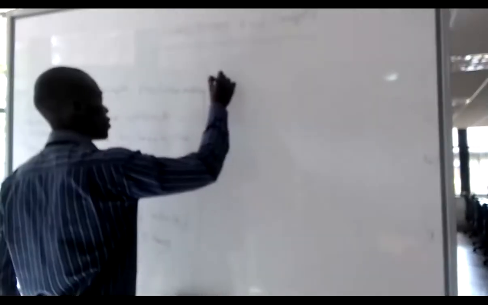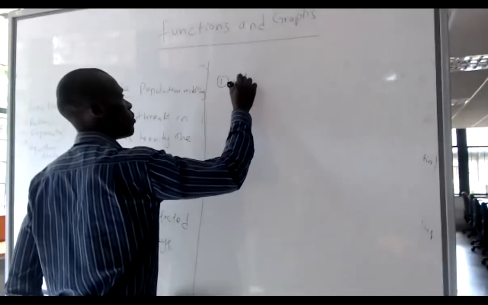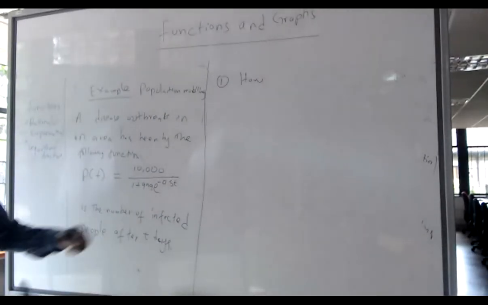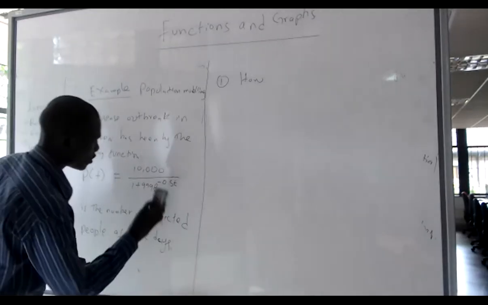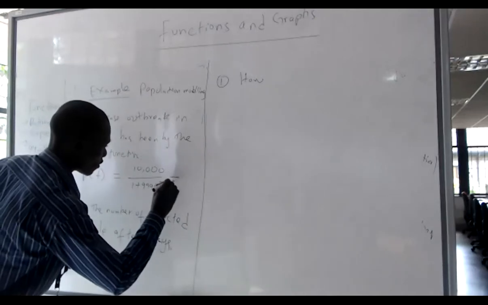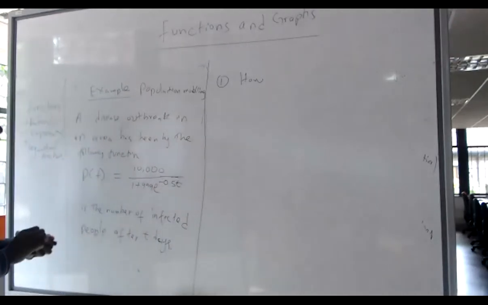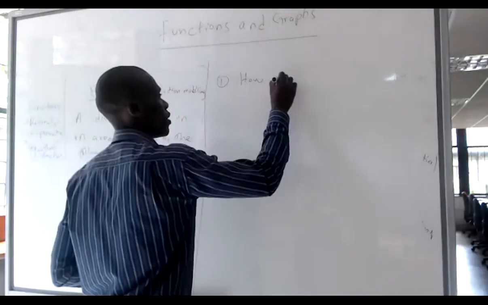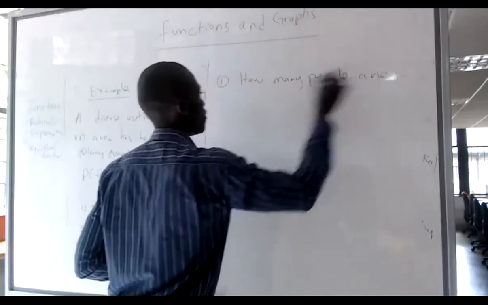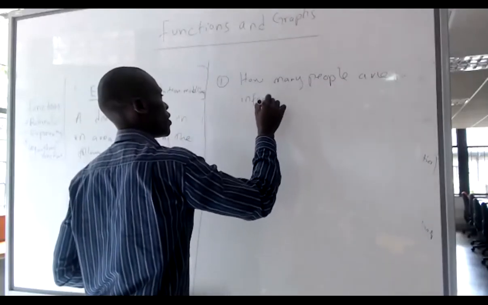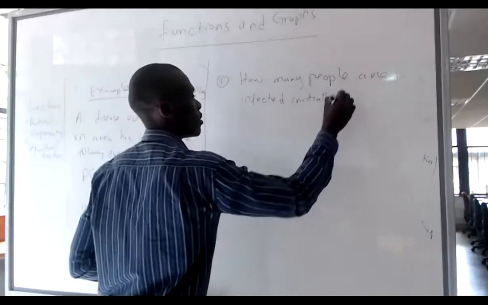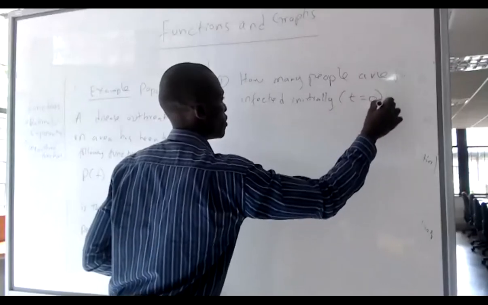Then you need to answer the following questions. What's the number after the E? This is negative 0.5t. How many people are infected initially? So we bracket at time t0.